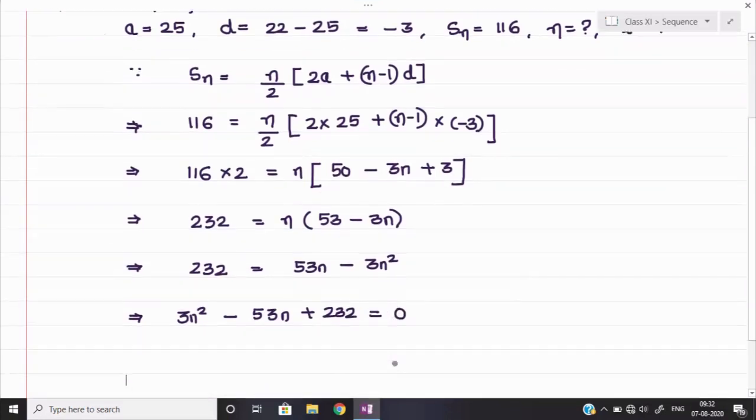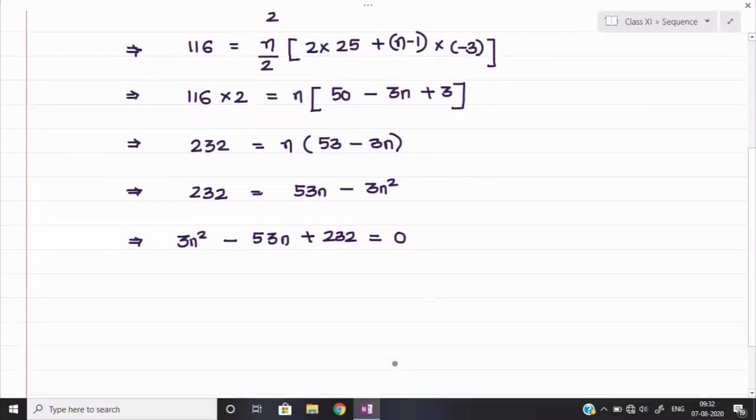Now we require two numbers whose multiplication should be equal to 3 into 232 and whose addition should be equal to 53. So let us find out the factors of 232. 232 came from 116 into 2, and we have one more number, 3, because we have to multiply 3 and 232.